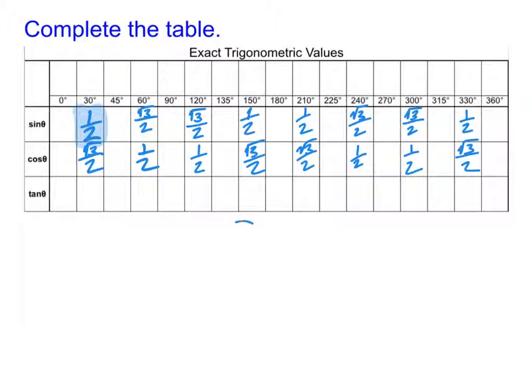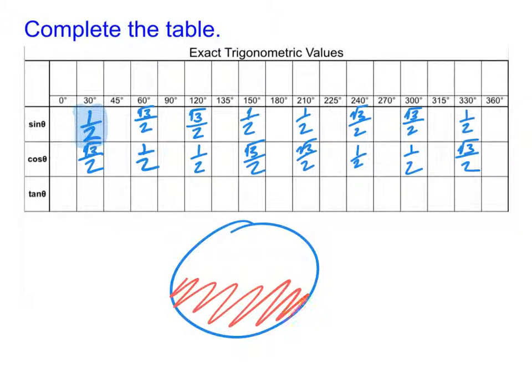And again, I can know that because of my unit circle picture. I know that in the unit circle, sine, which is my y value, remember sine is y, is going to be negative in quadrants 3 and 4. So that means everything after 180 makes sine negative. Okay?